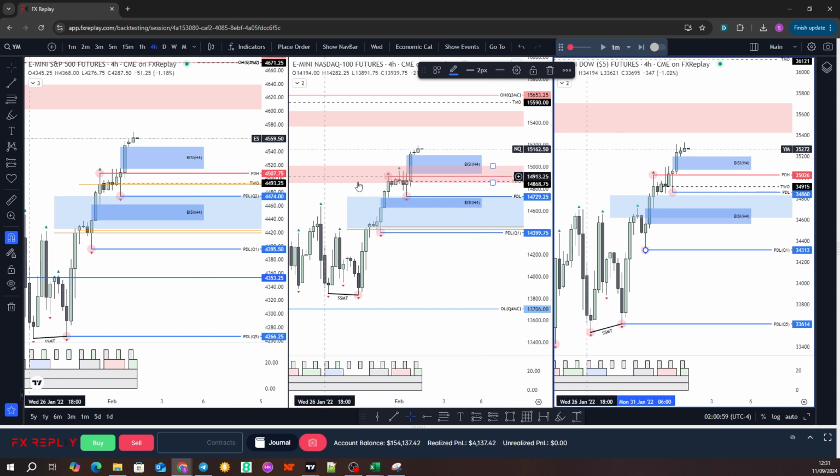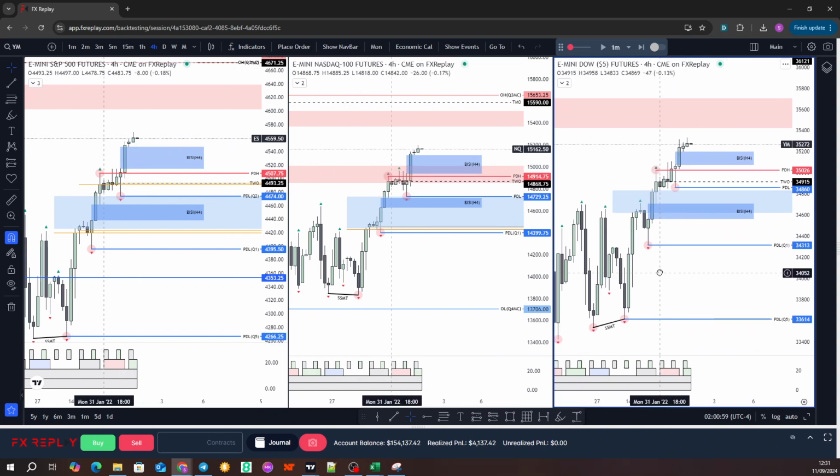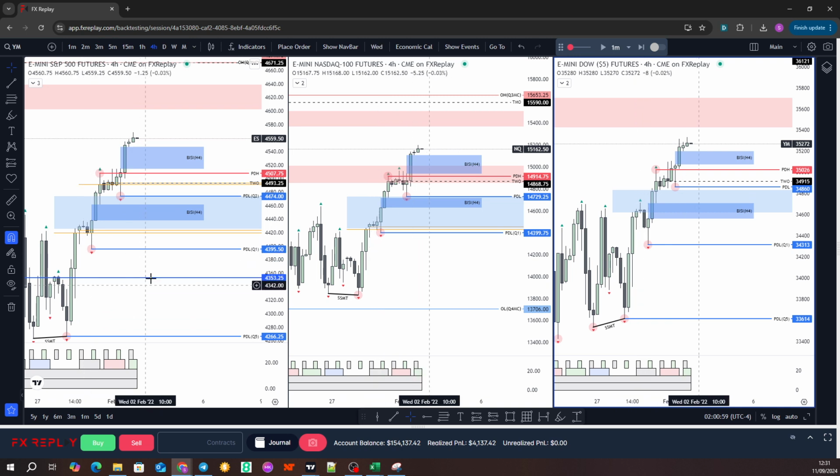So higher time frame perspective, all things necessary. As you know, although I did delete it, this fair value gap here is key. Yeah, would have been key. But anyway, I digress. So that's the high time frame.